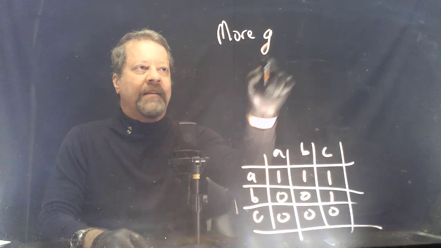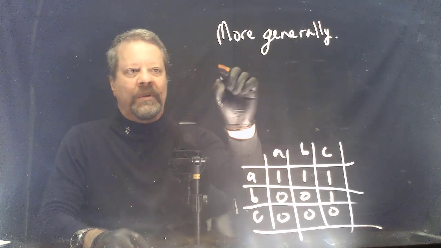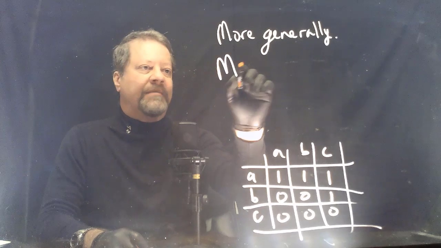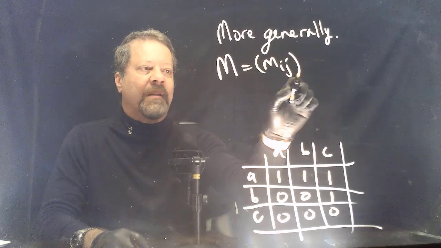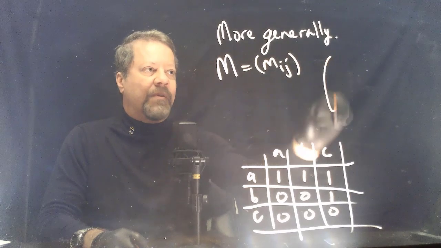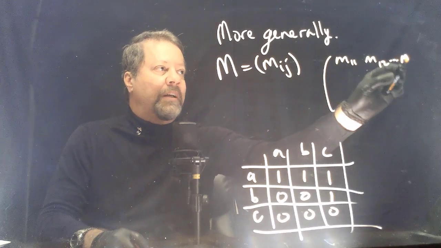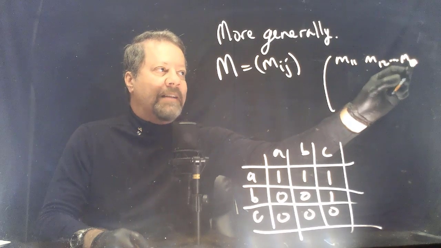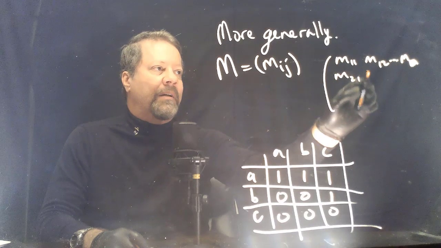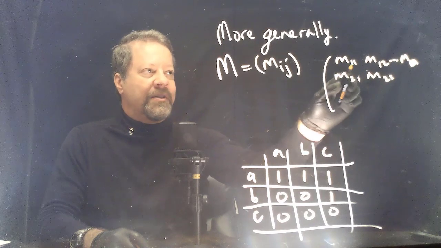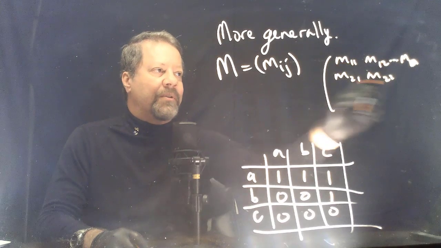More generally, we'll denote the matrix M as follows. It'll have entries M_ij, which means that this takes the form M11, M12 through M1n. Let's suppose A has n elements. M21, M22. So the first entry is the row, and the second entry is the column.